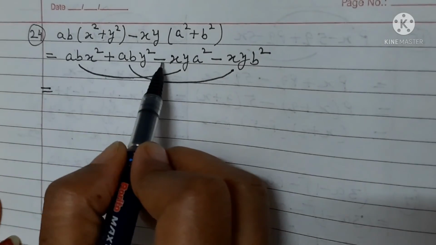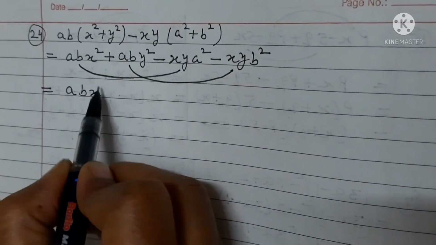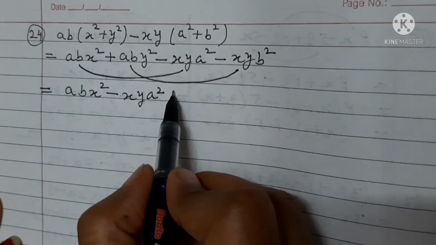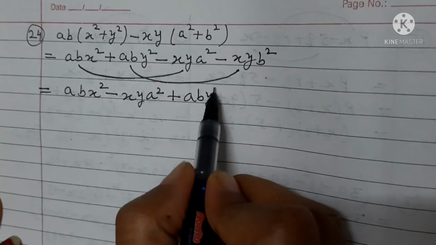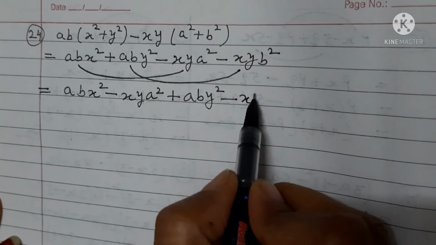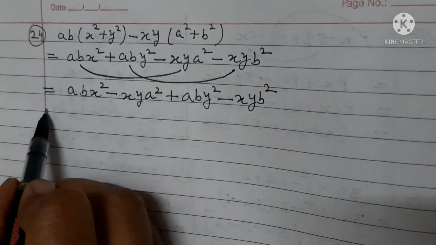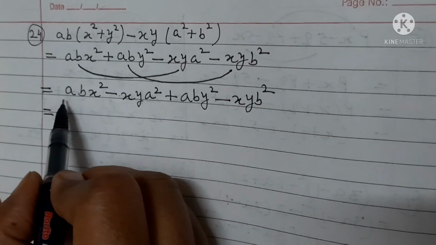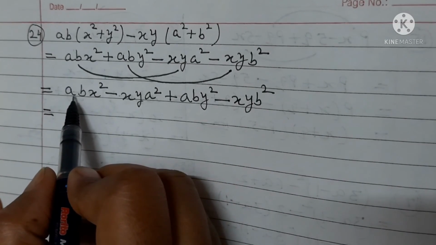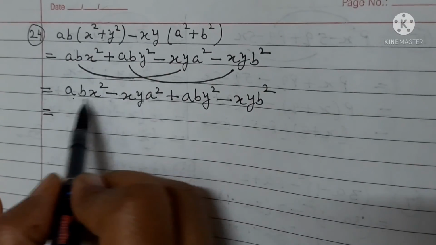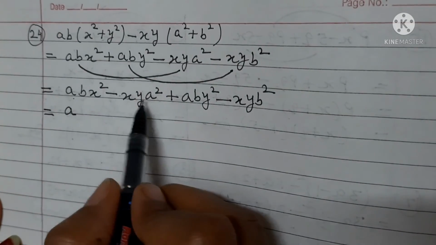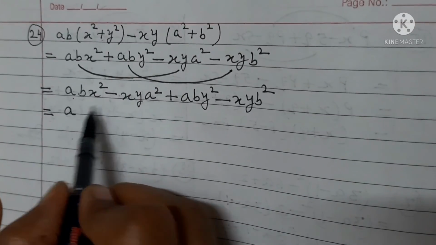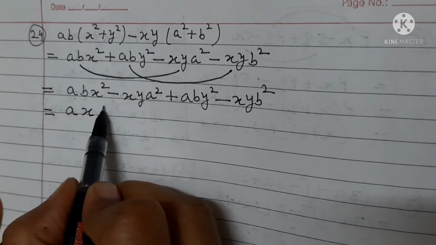Now write these two terms together: abx² - xya². Now plus aby² - xyb². See these two terms, what can you take in common? a, and b is not present in this term, x, and here x. So ax is common.